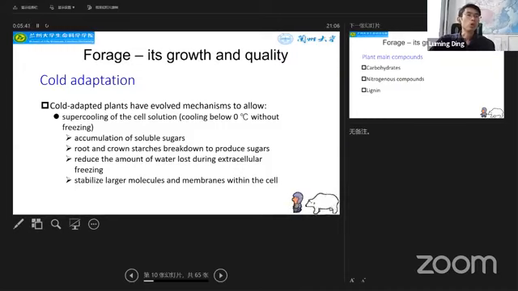Root and crown starches break down to produce sugars and reduce the amount of water lost during extracellular freezing. Another is to stabilize larger molecules and membranes within the cells, and these functions can sustain the cell.